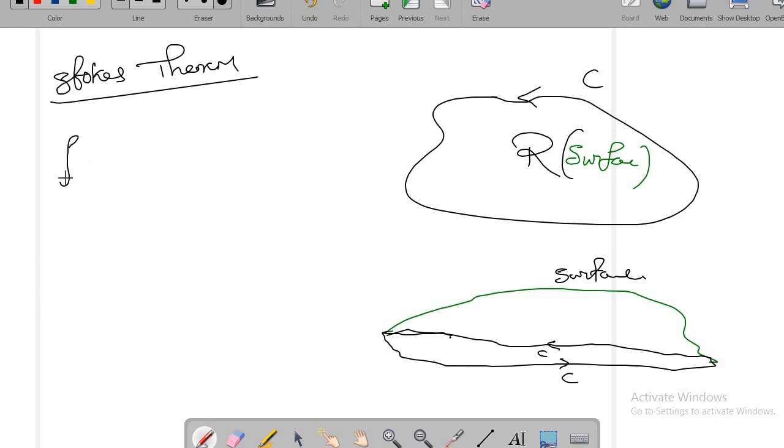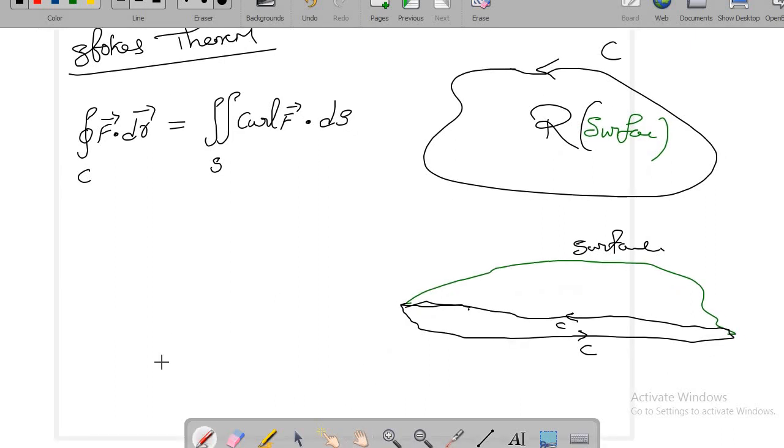Now the relation is integral along C of f bar dot dr, the same line integral, will be equal to the flux of curl f, integral over this surface, curl f bar dot dS. Or in other words, integral along C of f bar dot dr will be equal to double integral over S of curl f dot n cap into dS.